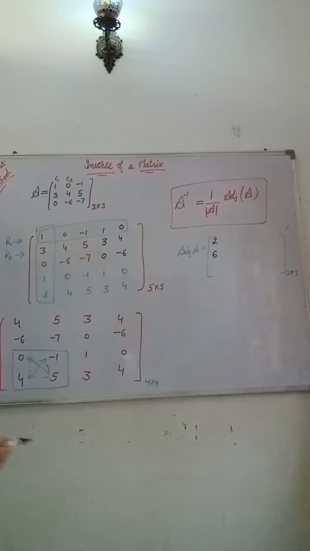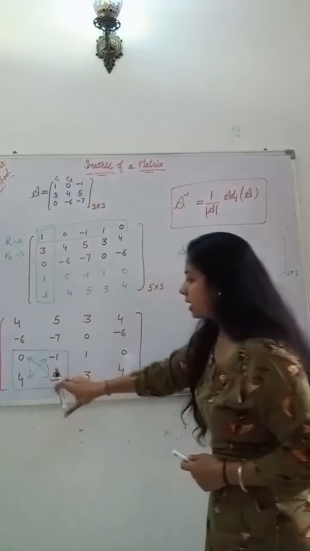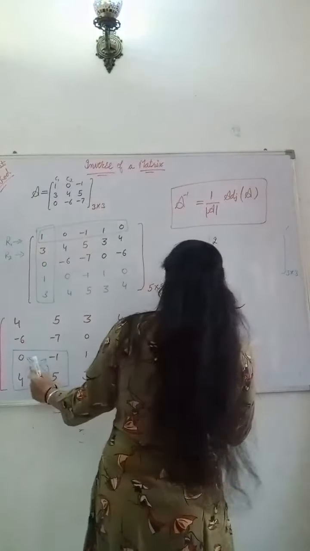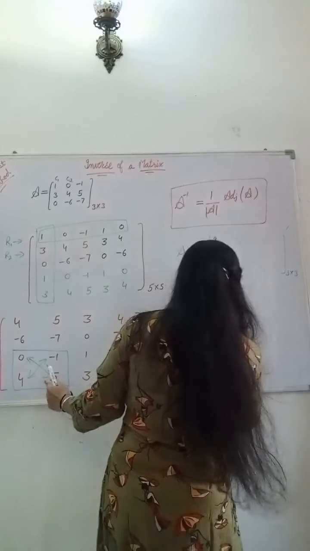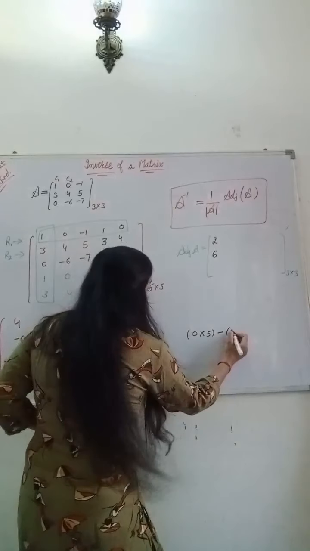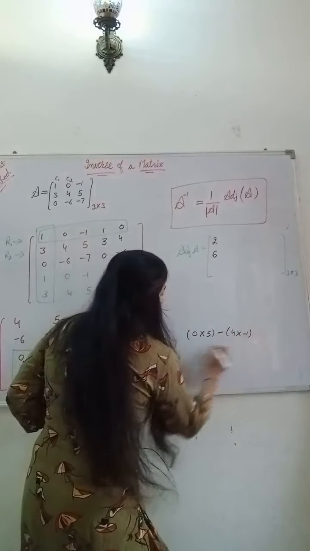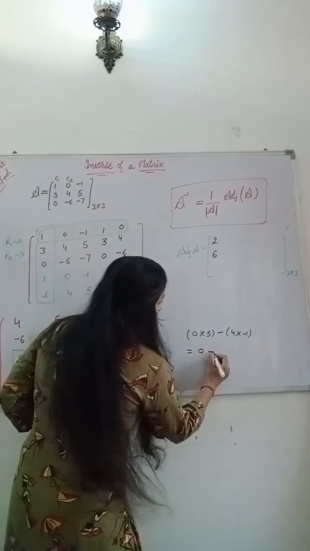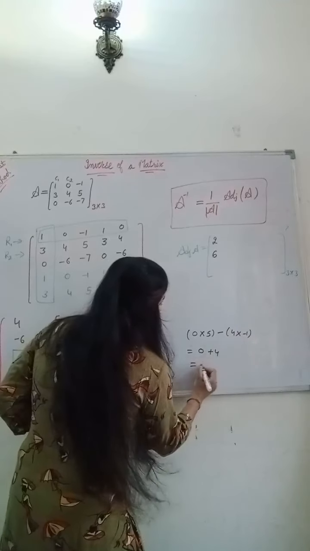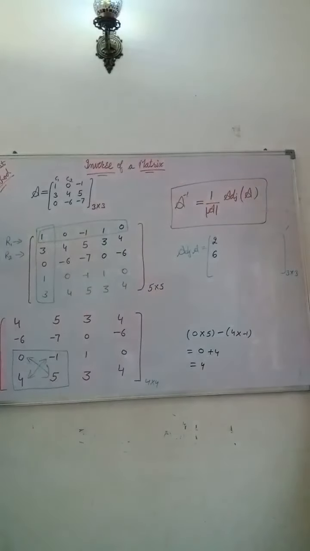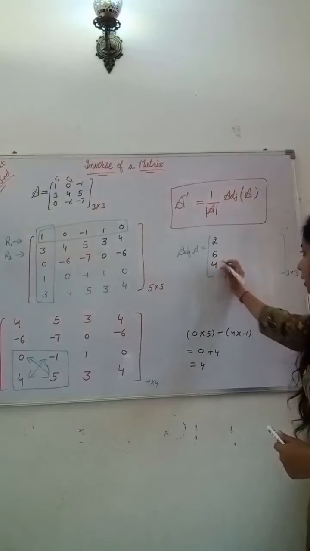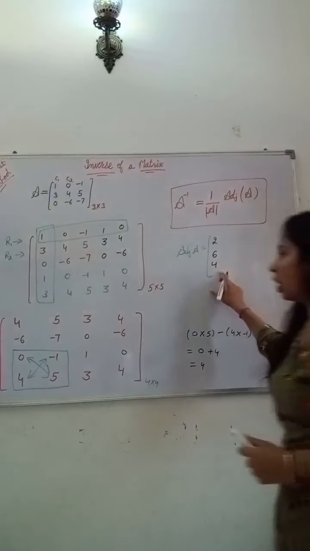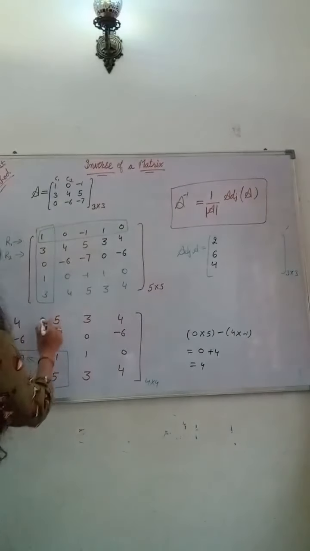Four elements and do the cross multiplication, that is 0 into 5, put here a subtraction sign, 4 into minus 1. It gives me 0 minus minus, plus 4, that is 4. So now I have the cofactor for this place, that is 4. Now I am going to take these 4 elements.